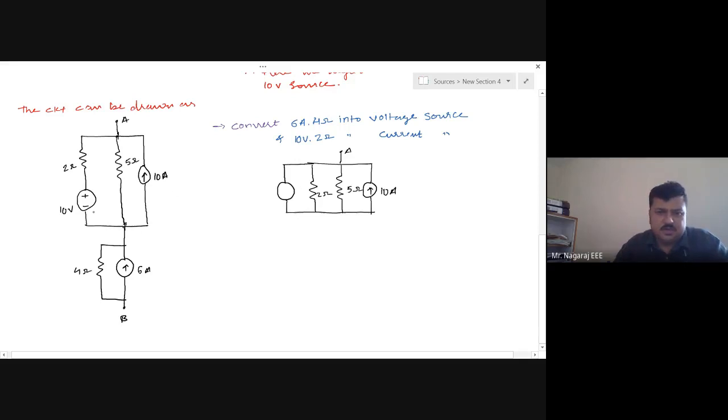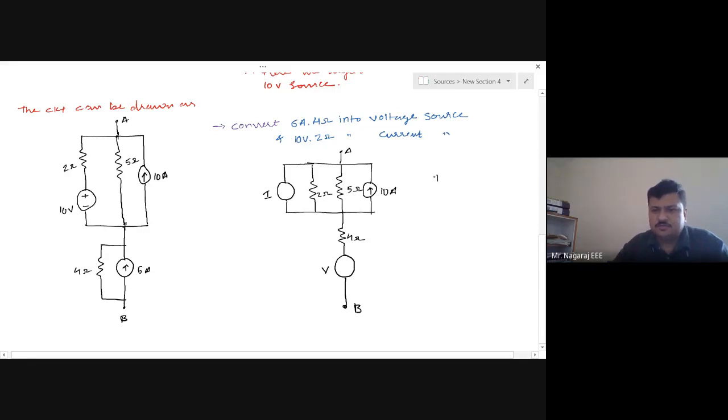And the current, let me take it as I. You will see what happens with that. Next, this lower current source 6 ampere 4 ohm is converted to voltage source. So a resistor in series with voltage source. This is B. Resistor is 4 ohm. It won't change. Now, let me call it as V.